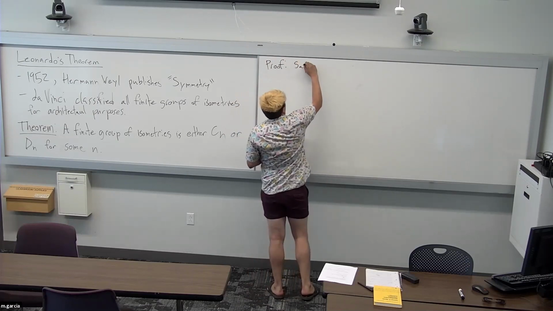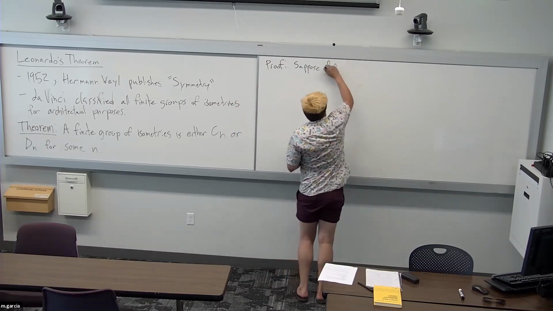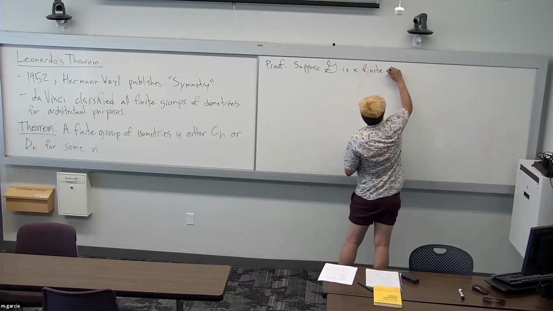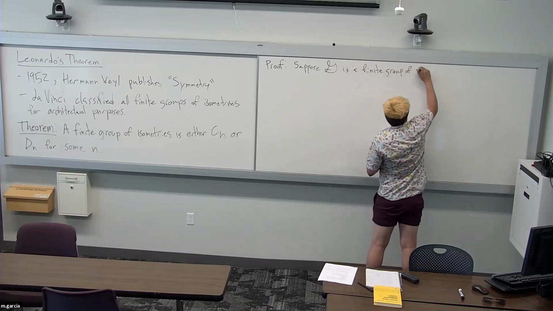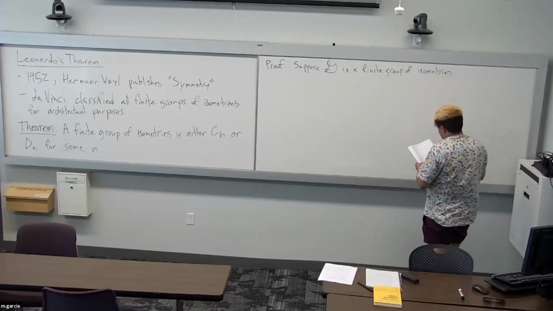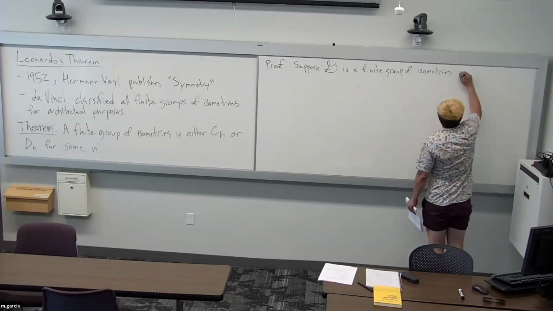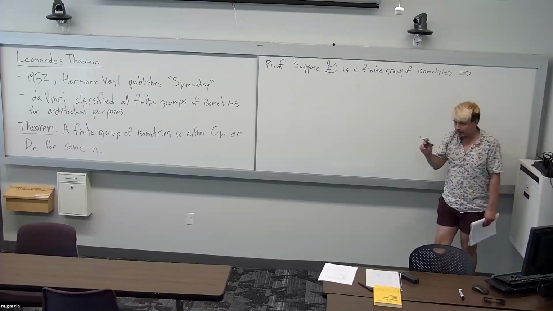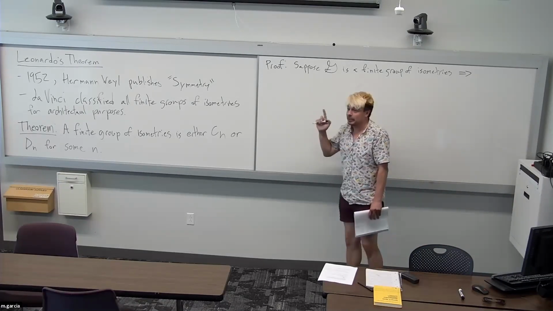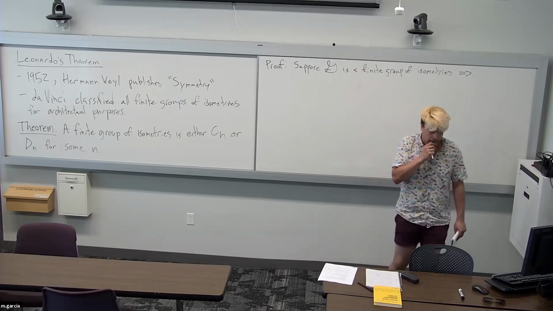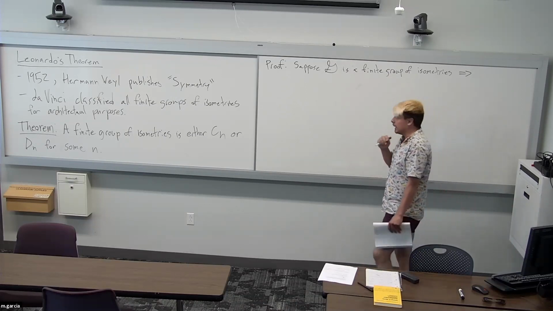Let's suppose G is a finite group of isometries. Well, right away, that allows us to characterize the group in a certain way. Namely, G cannot contain certain types of isometries. Why? Because certain isometries generate infinite groups by default. Yes, exactly.